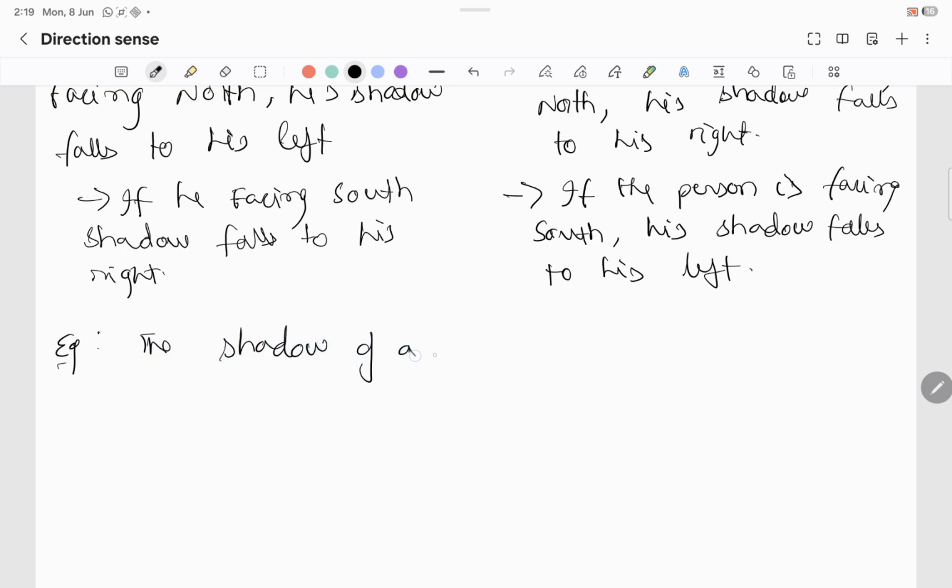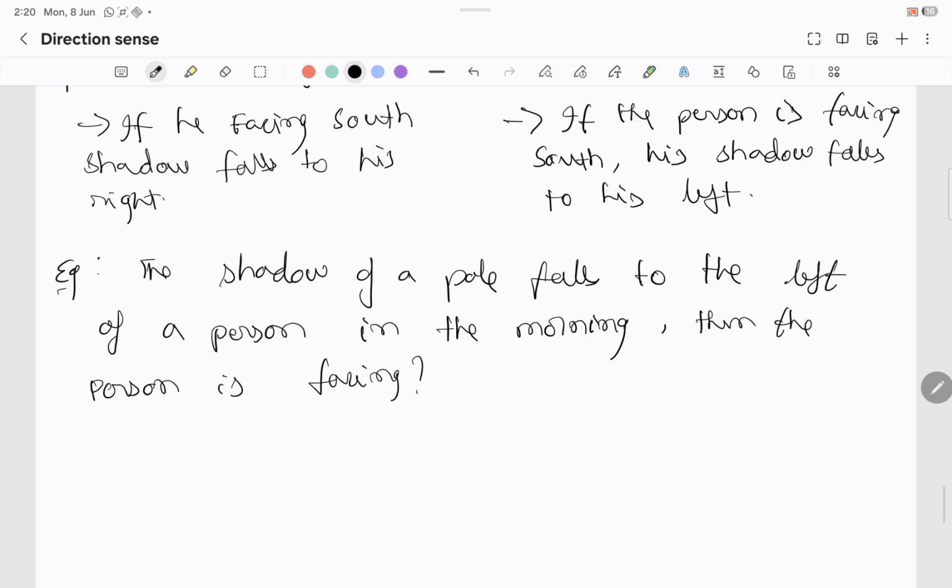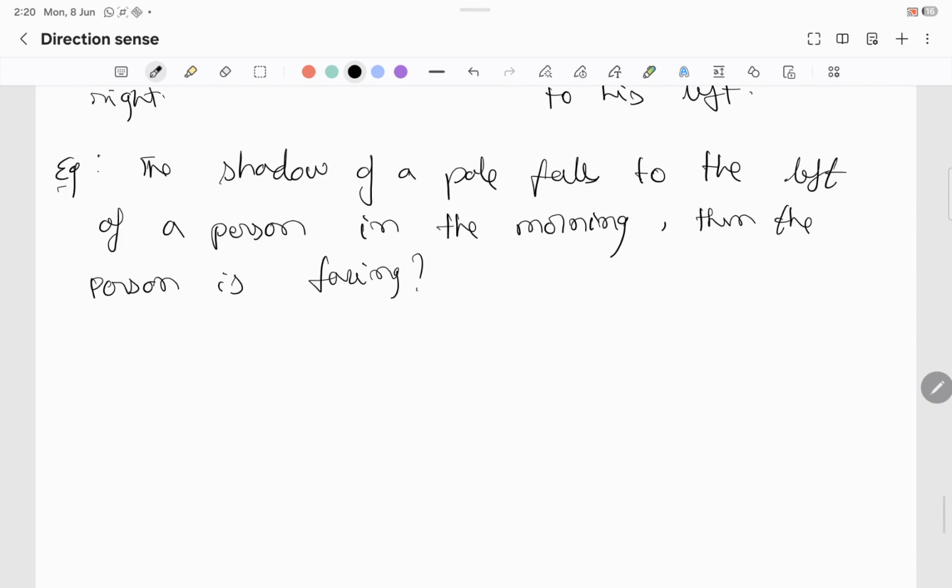The shadow of a pole falls to the left of a person in the morning. Then the person is facing which direction? Facing means we have to assume which direction.